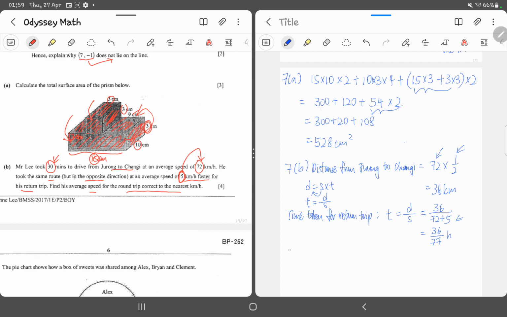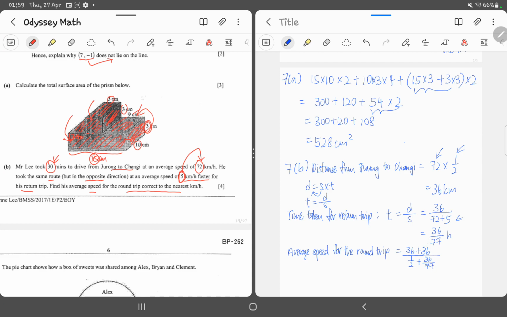What we're going to do now is find the average speed for the round trip, from Jurong to Changi and then Changi back to Jurong. So this is equal to 36 plus 36 divided by 1 over 2 plus 36 over 77.